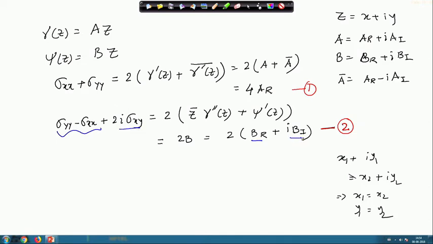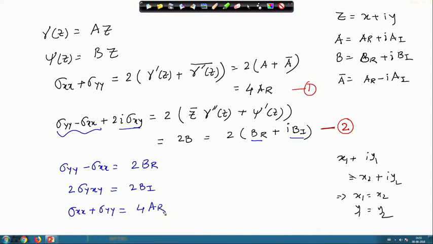So, comparing the real part and the imaginary part, we have sigma yy minus sigma xx equal to 2br, and if we compare the imaginary part, 2 sigma xy is equal to 2bi. And from the first equation, there is no imaginary part here, and here also there is no imaginary part. So, we have sigma xx plus sigma yy equal to 4ar.